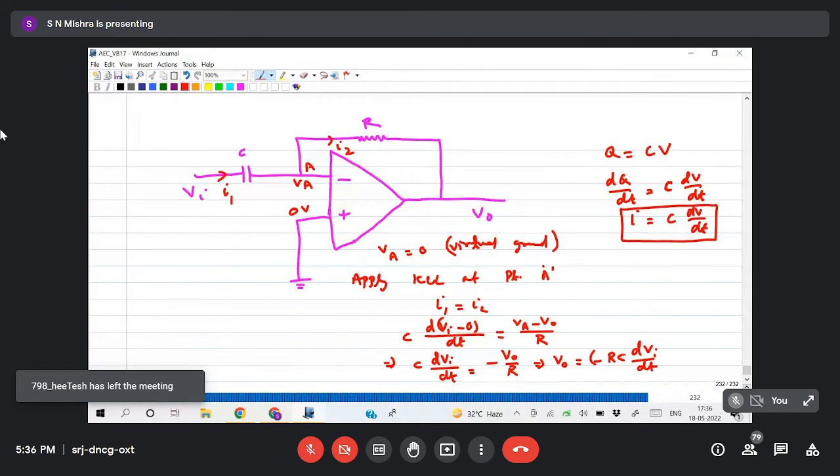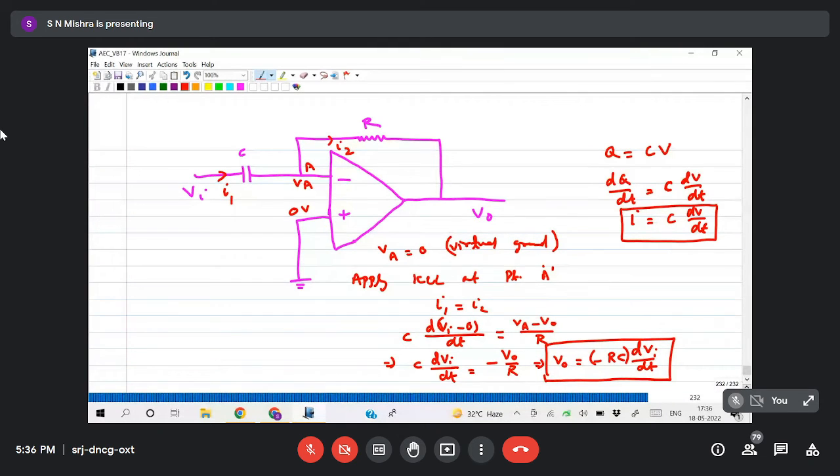Okay, so you see the output voltage is the derivative d by dt of Vi. The input voltage is differentiated with a factor minus RC. So this minus RC is the amplification factor.